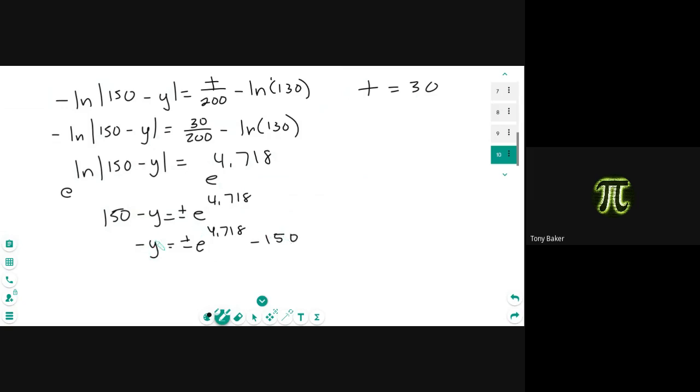And now get rid of my negative sign. So we've got e to the 4.718 minus 150.